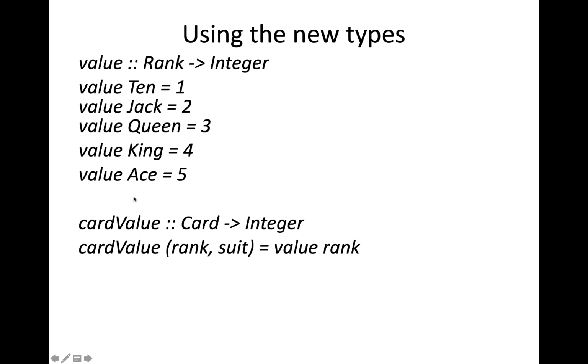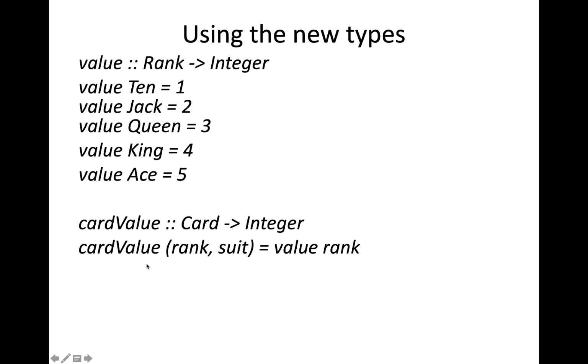It's self-intuitive. Now we can have another function cardValue whose input is Card, and we know that card is nothing but rank and suit. And in this particular example, cardValue function doesn't care about the suit. It just checks what is the value of this rank, and that is the card value.